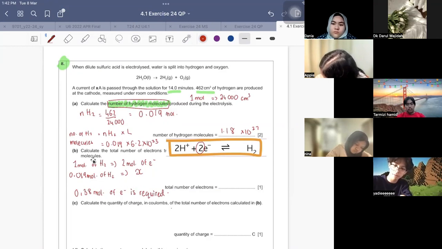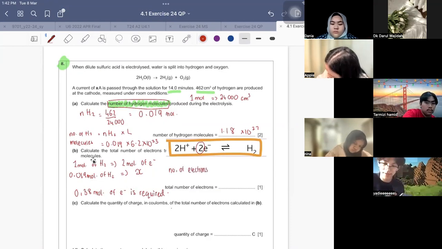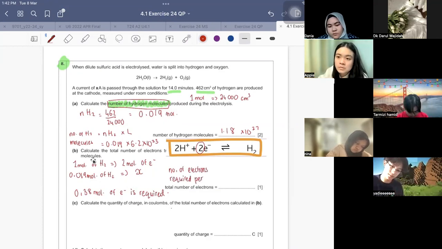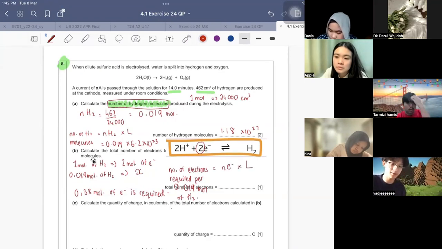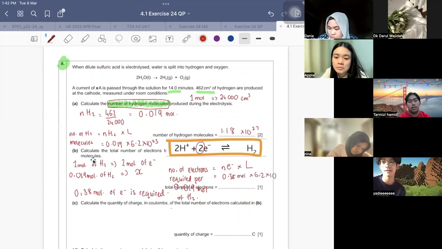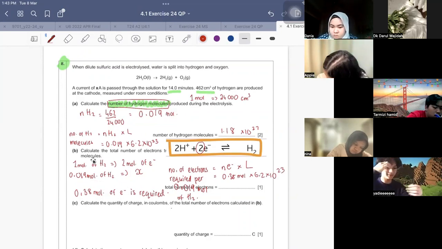Okay, so that means the number of electrons required per 0.019 mole of hydrogen is equal to number of moles of electrons times the Avogadro's constant. Okay, same thing, 0.038 mole times 6.02 times 10 to the power of 23.